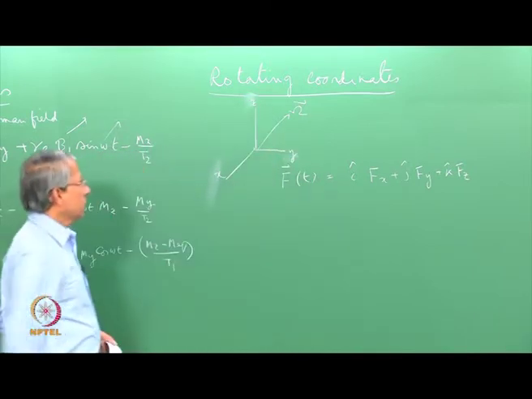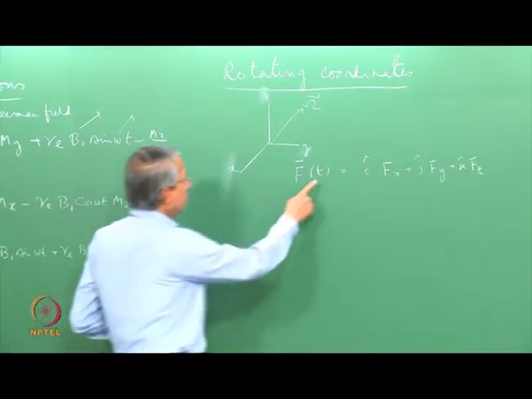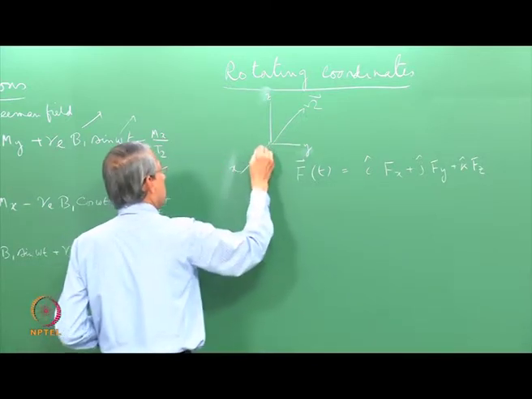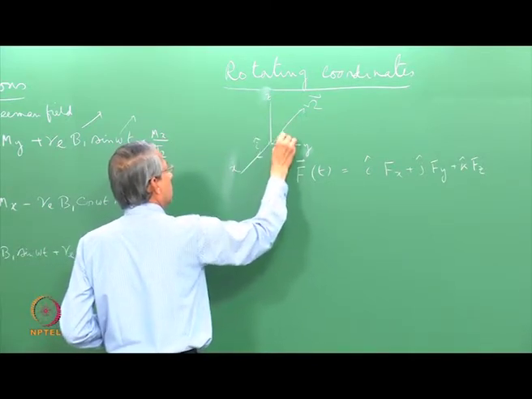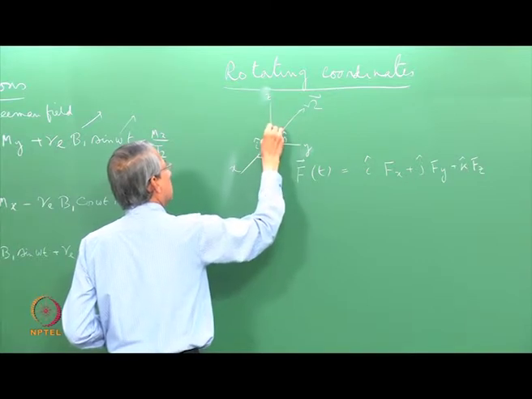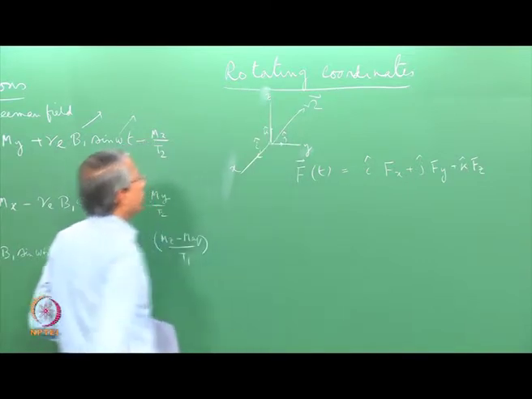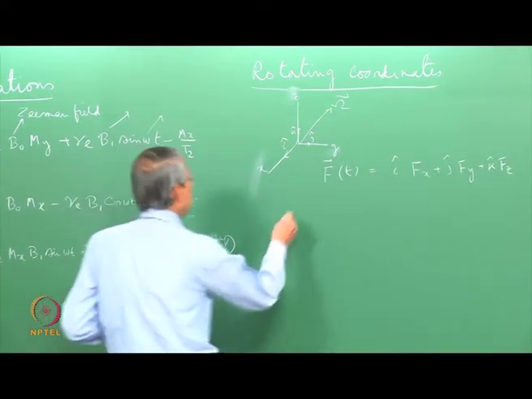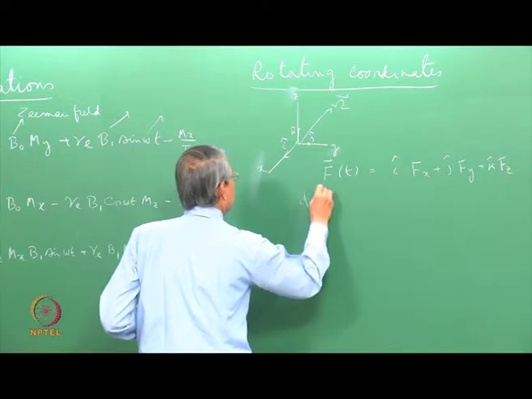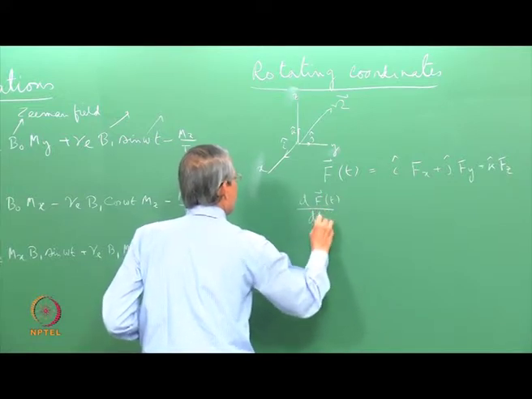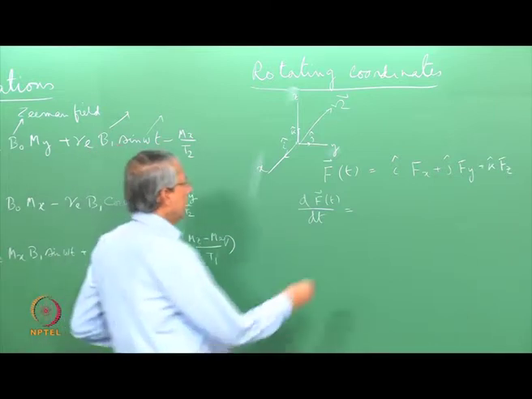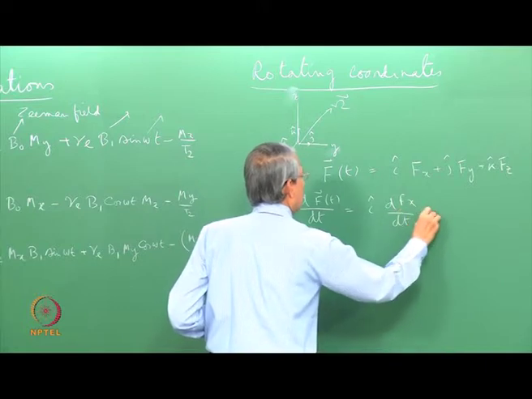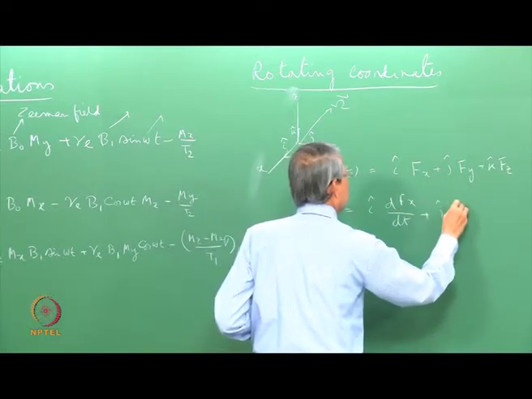These are of course fixed with respect to space, and this is the vector which has got 3 components in this coordinate system, with unit vectors i, j and k. So, the time dependence of this is given by the time derivative of each of these components here.